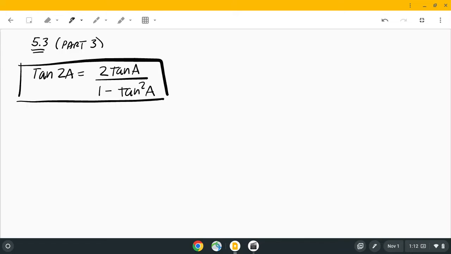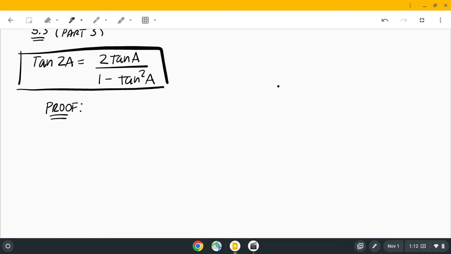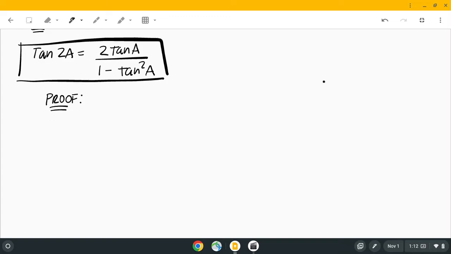So this is also on that formula sheet. Let's take a look at the proof, just like we looked at the proof of the double angle formula for sine and for cosine. We approach it the same way: A plus A is 2A.